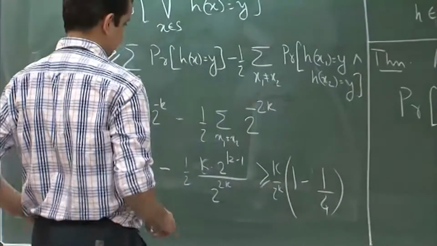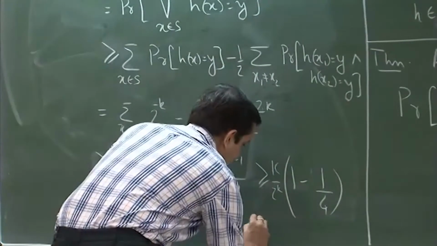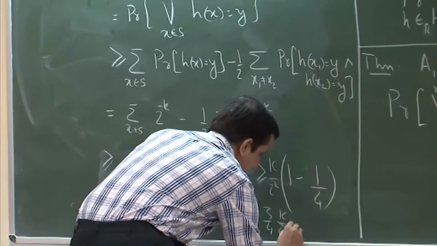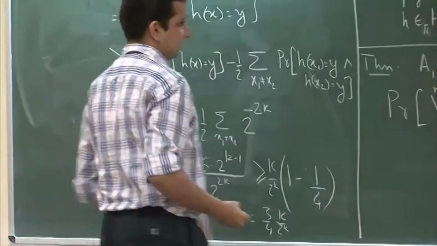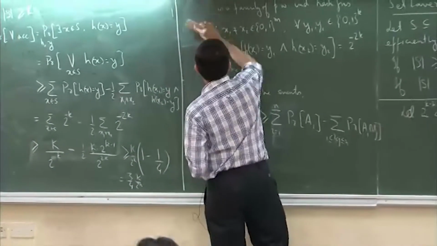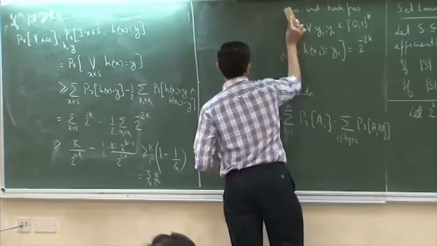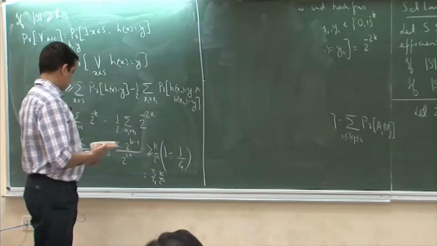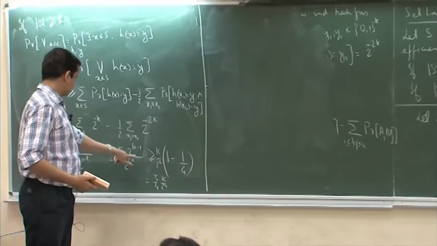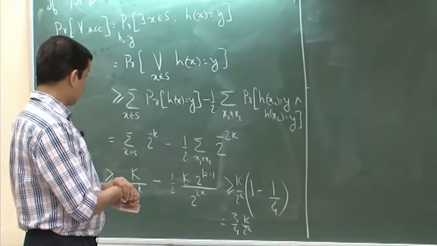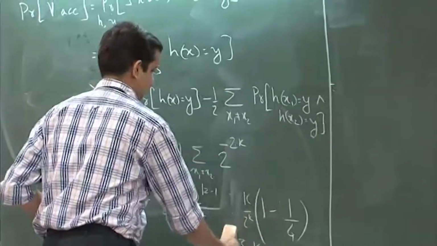So, that is 3/4 times k by 2 to the power k. So, let us just keep it at this point. This one, this is an equality, right.